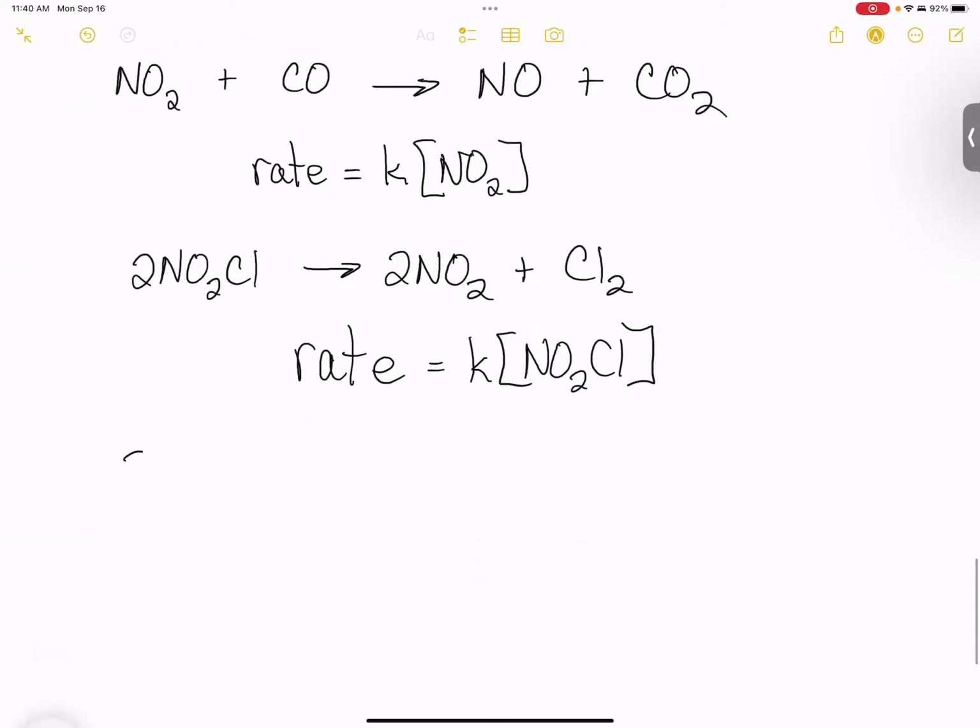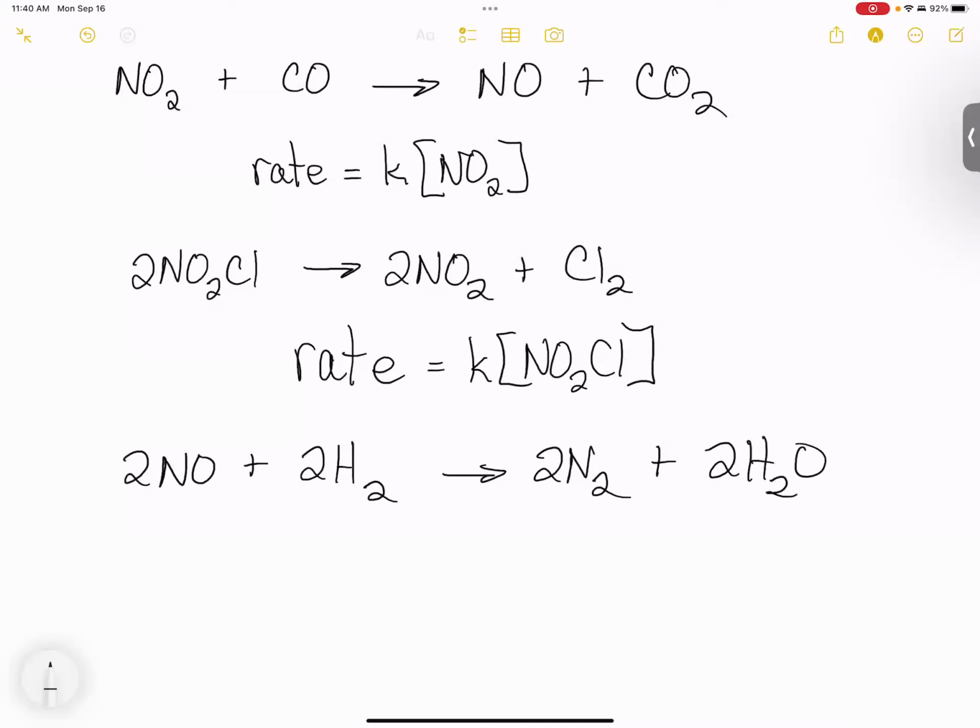Let's look at another one. 2NO plus 2H2 goes to form 2N2 plus 2H2O. This has a rate law. Rate is equal to K times NO squared times H2.